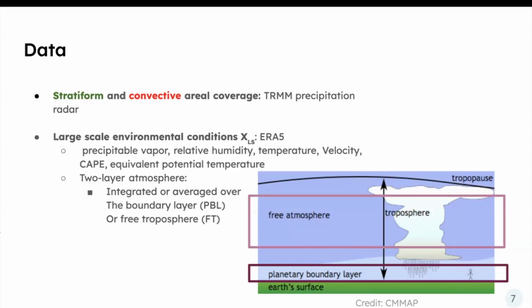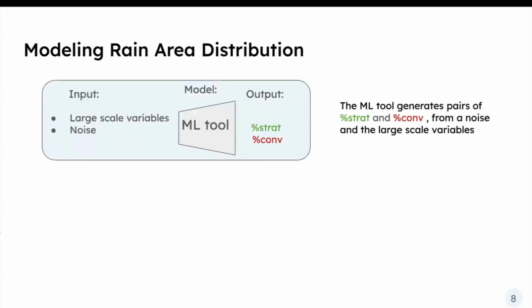I have vertical velocity, or omega, measured in pressure level, as my dynamics, and CAPE also as a dynamic. There are some arguments around whether we should use omega or not. We can talk about that. And yeah, I'm going to refer to my variables as free troposphere versus boundary layer.